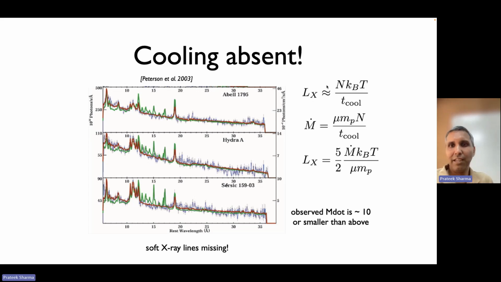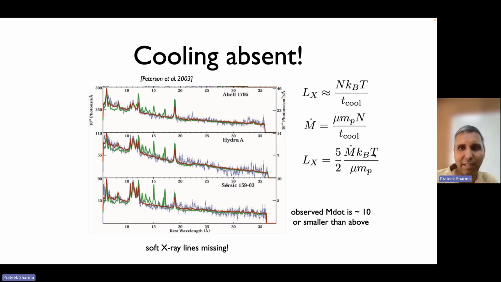So the X-ray luminosity is nothing but the thermal energy of the plasma divided by the cooling time. And if all this plasma is cooling and cooling, then the mass cooling rate, the rate at which the mass cools, is related to the luminosity in this way. This is called a simple cooling flow model.